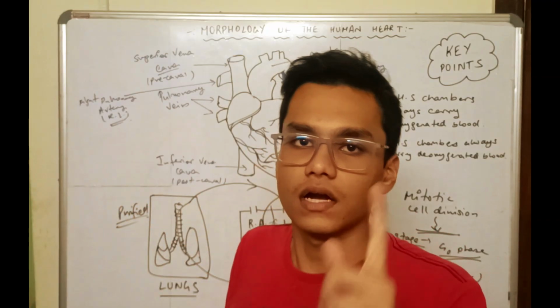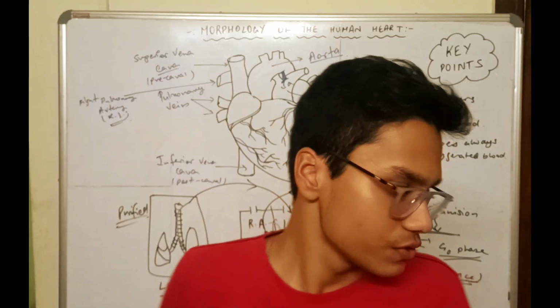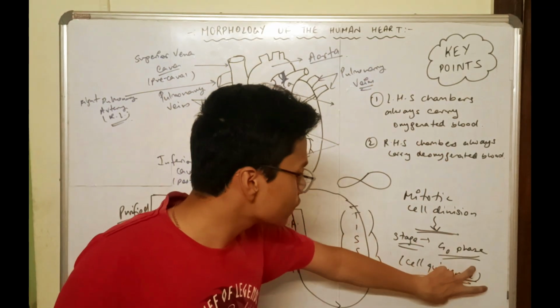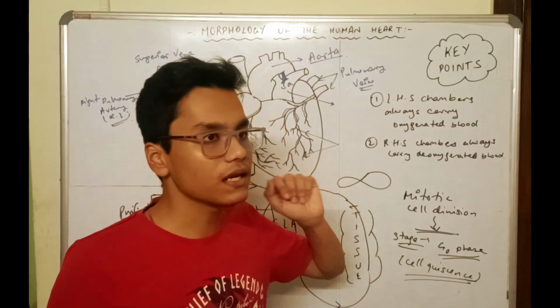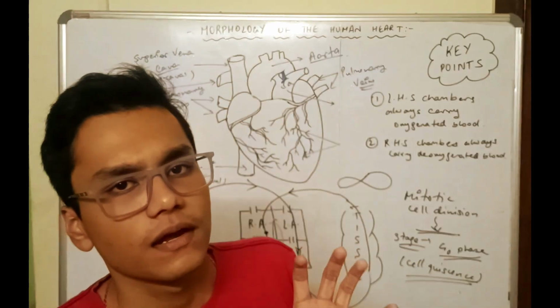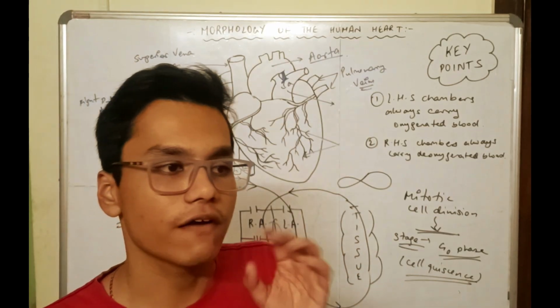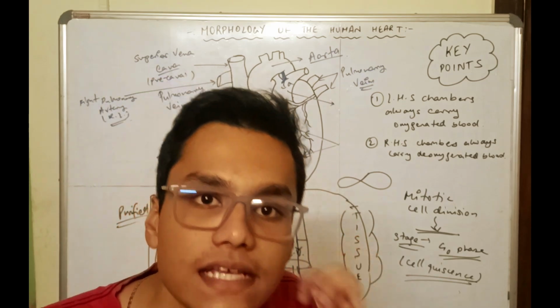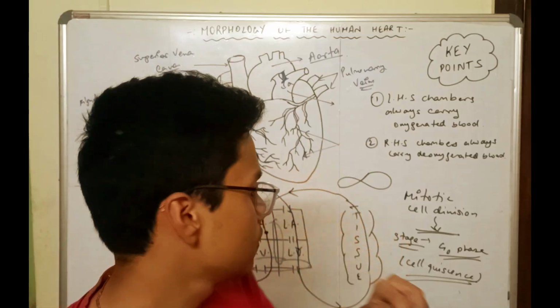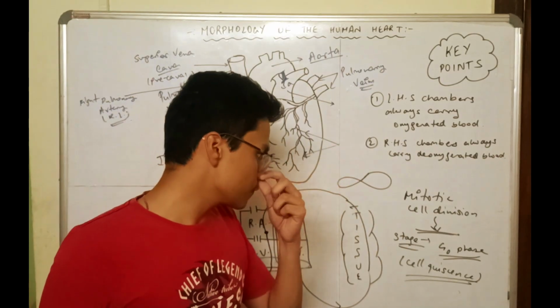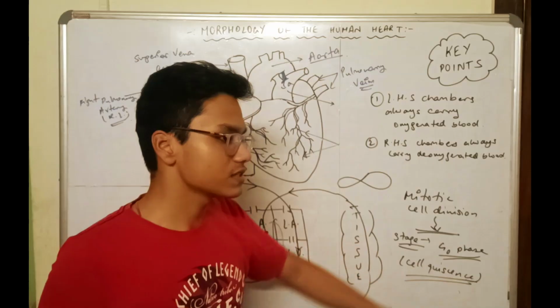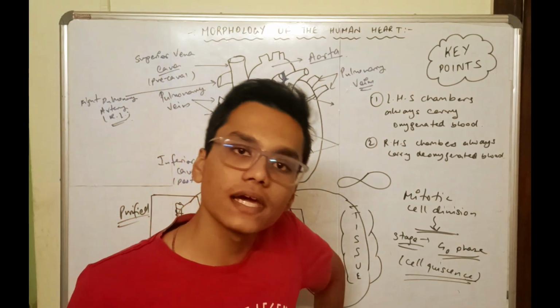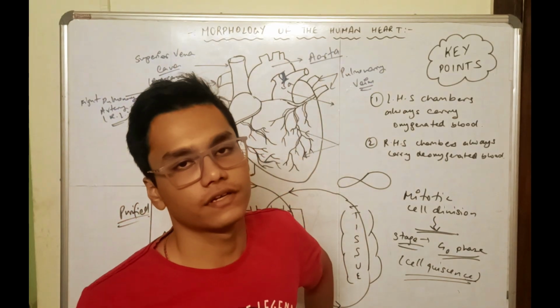organism from underlying factors. So this G0 phase, the cell quiescence, is happening after a phase called M phase, or the mitotic phase. That means after the cell had divided, after the completion of karyokinesis and cytokinesis, this cardiac cell will enter this phase, G0 phase, where it will remain metabolically active but won't divide any further.